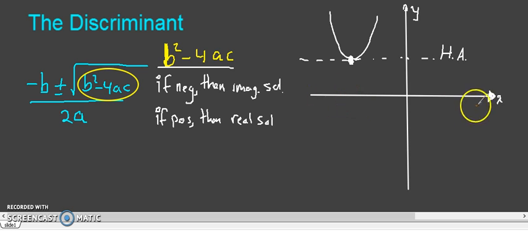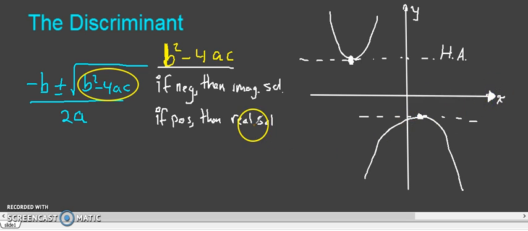It doesn't cross the x-axis anywhere, so it doesn't have any real solutions. It has solutions, but it doesn't have real ones. And of course, it doesn't have to be just an upward-facing parabola. You could have a downward-facing one too. And again, here you would have your horizontal asymptote, and it would never cross the x-axis or have any real solutions.